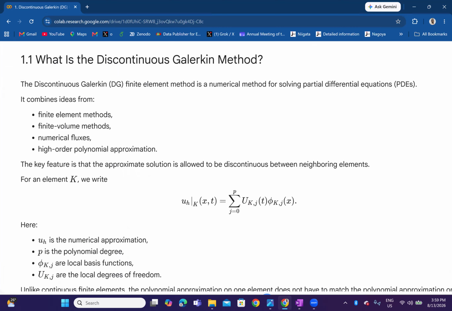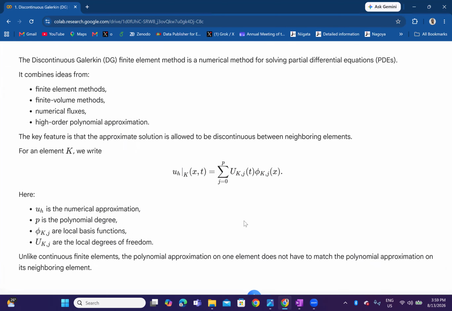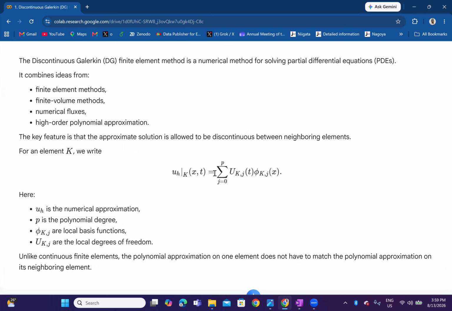For an element k, for instance, we can write u sub h restricted to k of x comma t as the summation from j equals 0 to p of u sub k comma j of t, times phi sub k comma j of x. Here, u sub h is the numerical approximation. Then p is the degree of the polynomial we are working with.